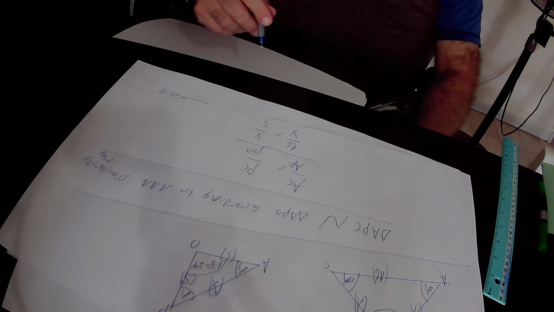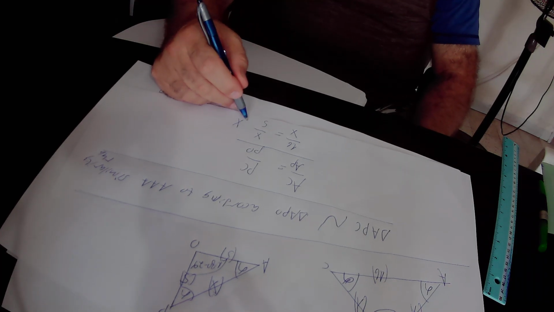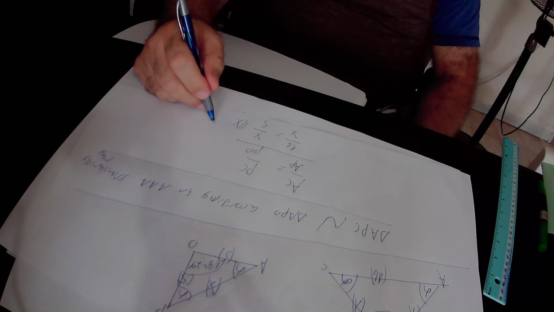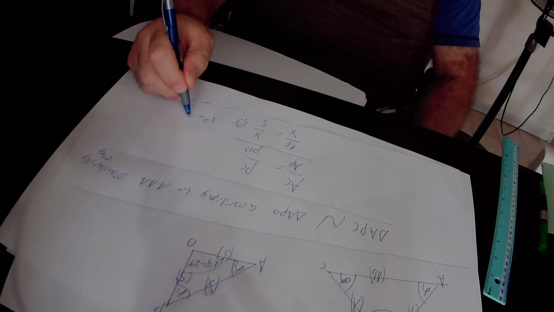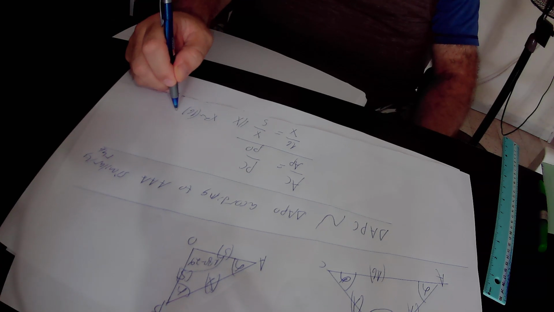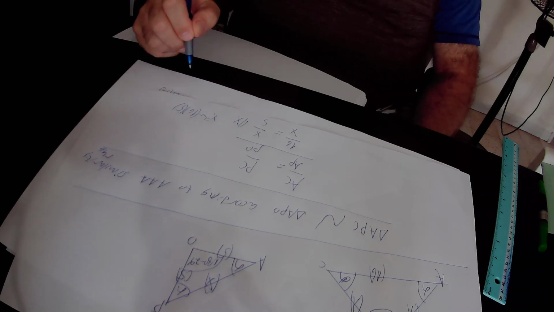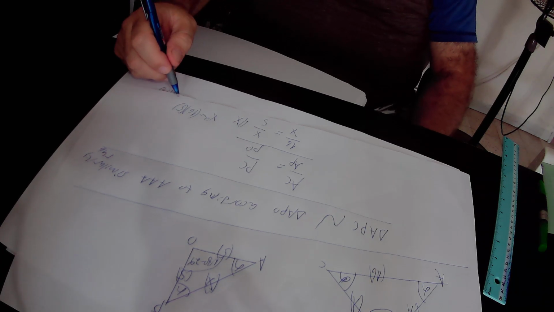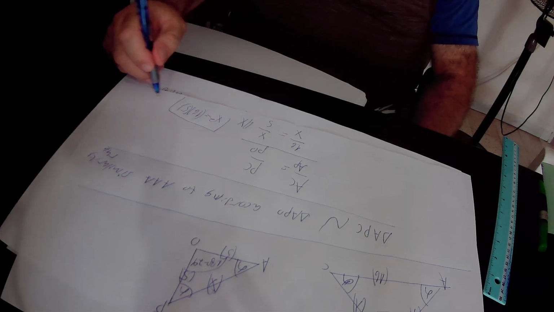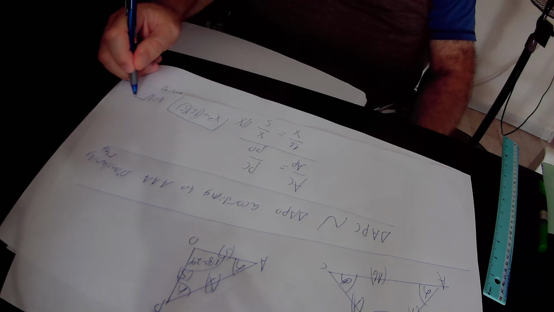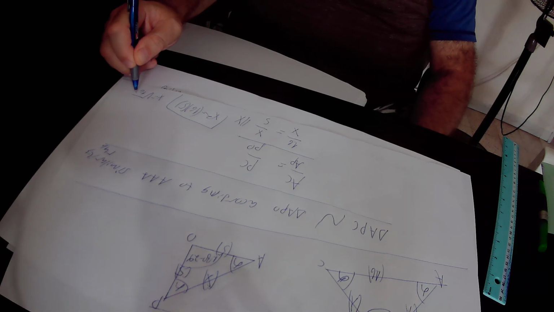Here we cross multiply this equation, and you get that X squared equals 16 times 5. So here we take a root of this equation, and finally you get that X equals the square root of 16 times 5.